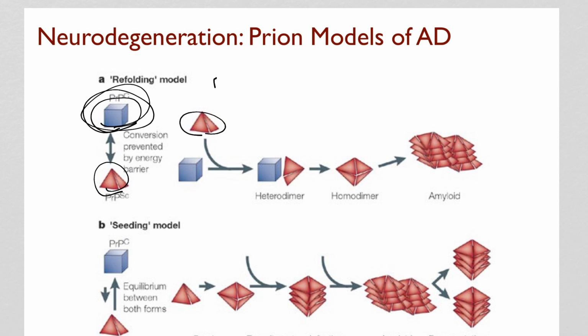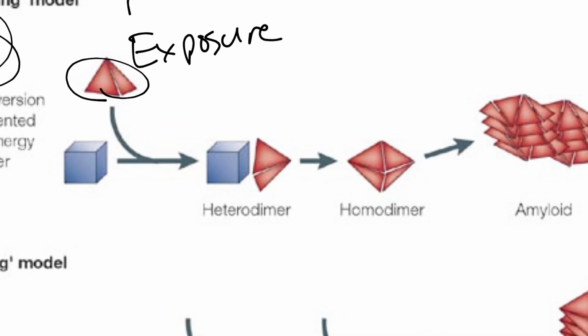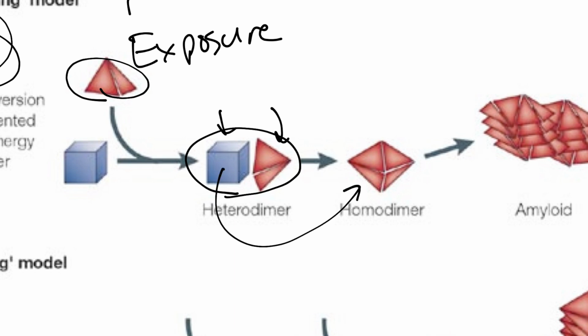And when you're exposed, there's some sort of exposure. In Kuru, it came from the ritual eating of brains of people. And if their brain was infected with the Kuru prion protein, then getting that protein into your system would allow direct contact between the prion form and the healthy form, converting the healthy form of the protein into a prion itself.